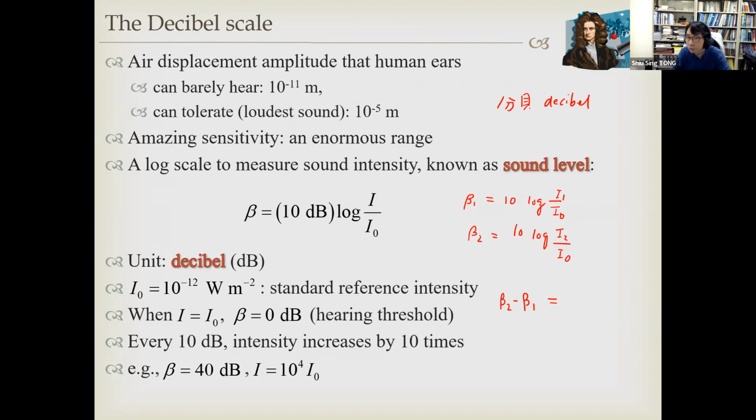You simply find the difference, right? So you have this minus this. But the law of logarithms tells me that if you have two logarithms minus each other, then that becomes log I2 over I naught divided by I1 over I naught, since subtraction becomes dividing.